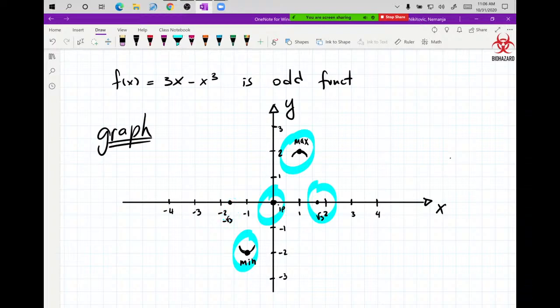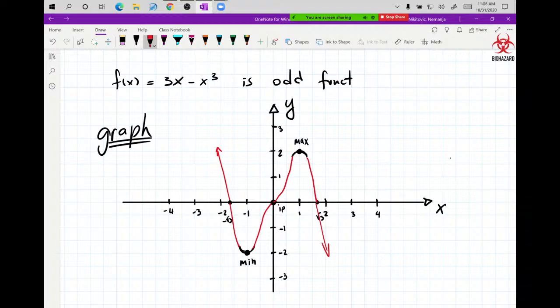So we just connect this. Let's go. Connect it down, connect it up, connect it up, connect it down, and then just shoot out of these points, because the domain is infinite, right? They're going to go forever.